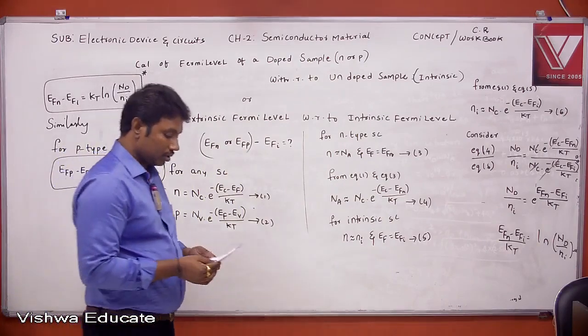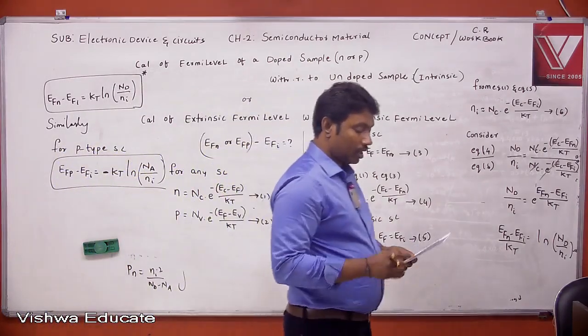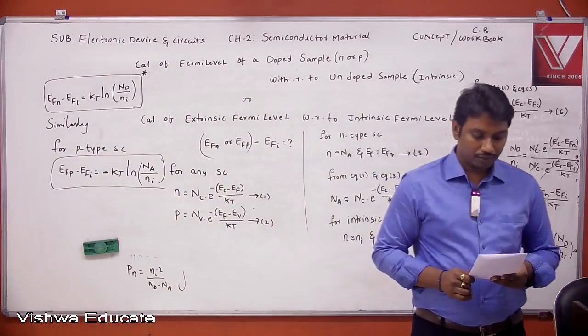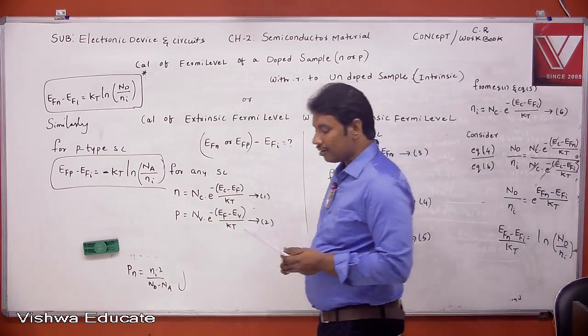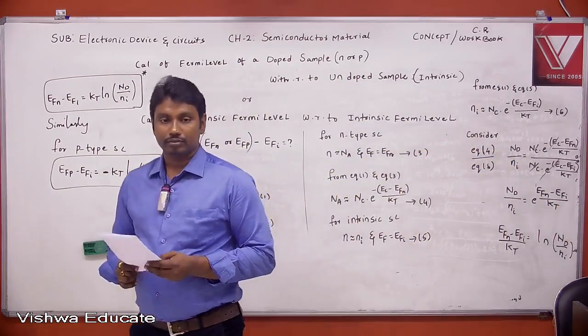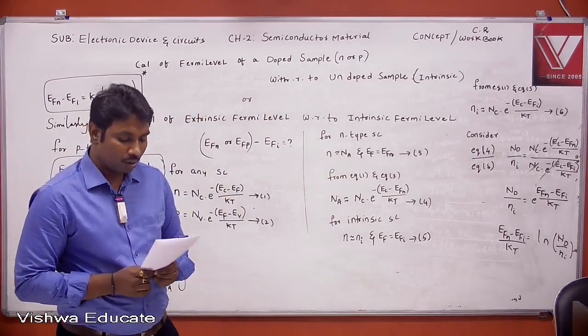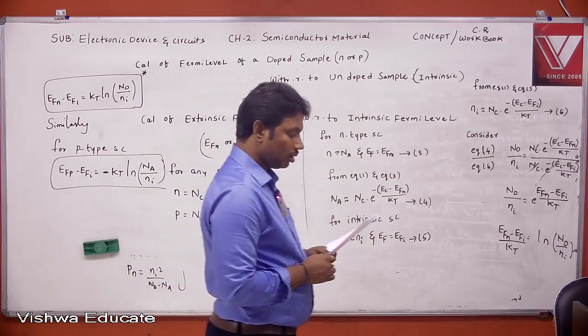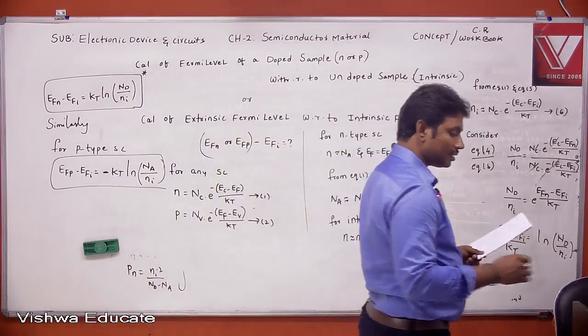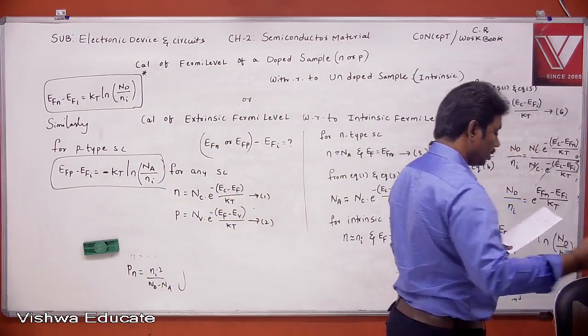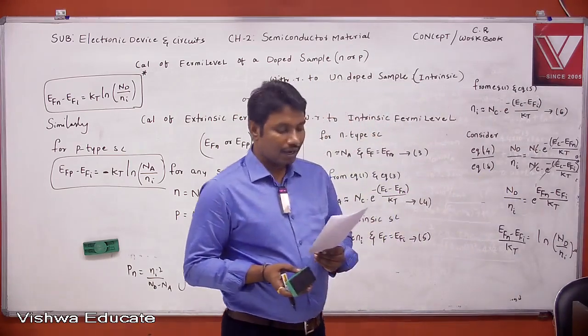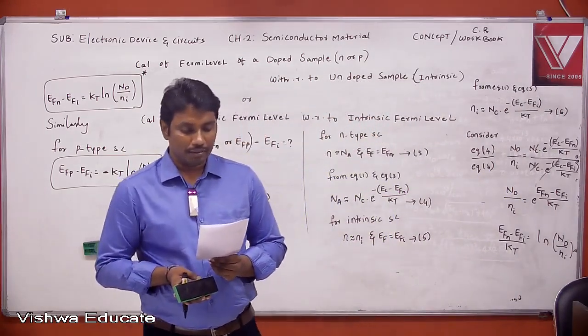Write a question in the workbook, classroom workbook, question number 7. A pure silicon sample is doped with 10 power 17 arsenic atoms per centimeter cube.